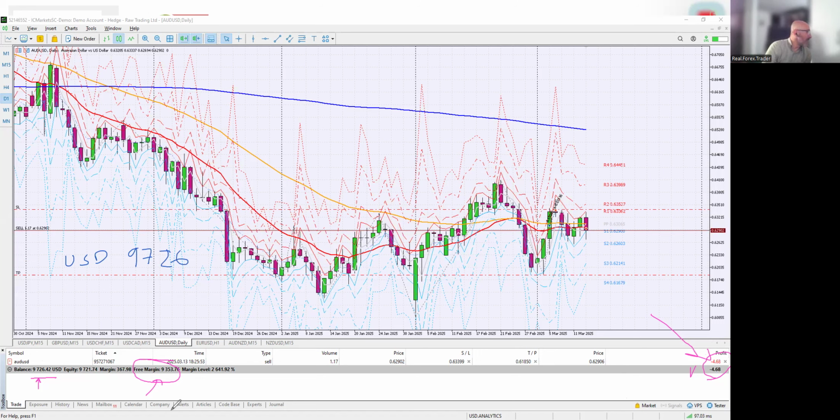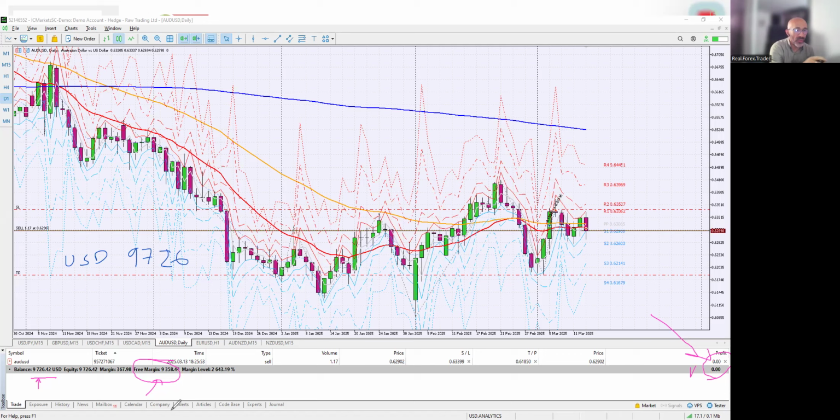My free margin is very generous, around $9,356. And the free margin is also moving. Why? Because I currently have an open trade. When the trade closes, either profiting or losing, that free margin will change accordingly.